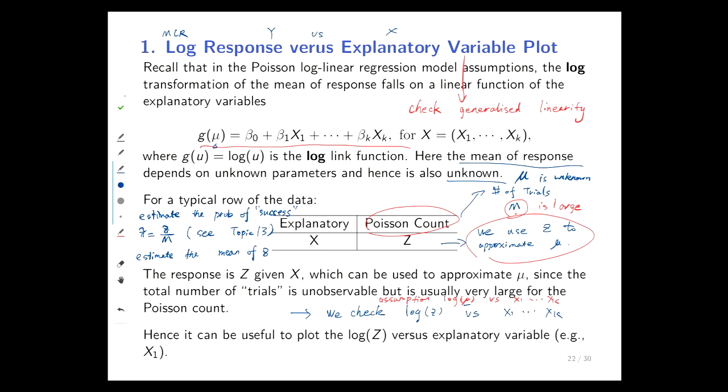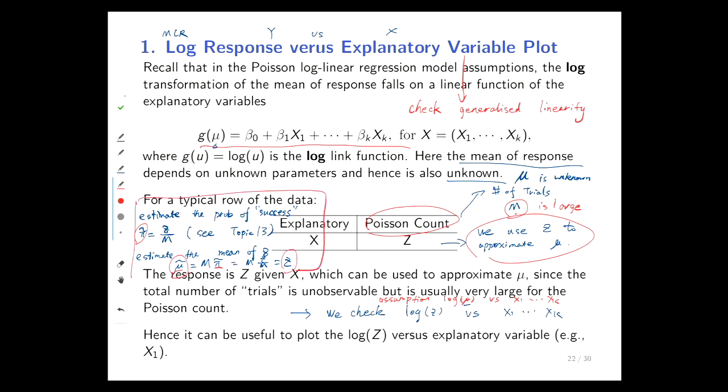By using the binomial idea, if you still remember, the mean of z, mu, is equal to the total number of trials m times the probability. By plugging in the estimated probability here, we can obtain the estimated mean of z, which is equal to m times z divided by m, which equals z. So that means we can actually estimate mu by using z.